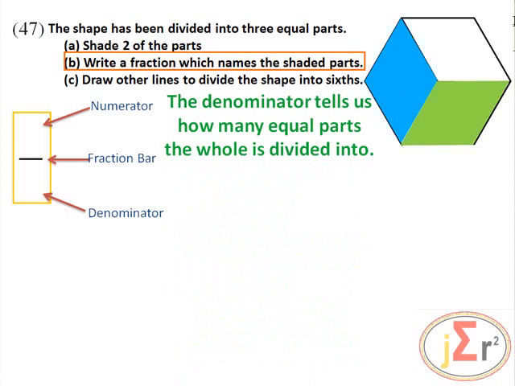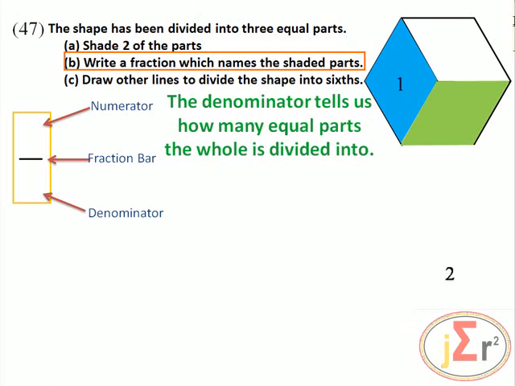The denominator tells us how many equal parts the whole is divided into. What tells us the number of equal parts that the whole is divided into? The denominator. So the whole is divided into 3 equal parts. 3 will therefore be our denominator.